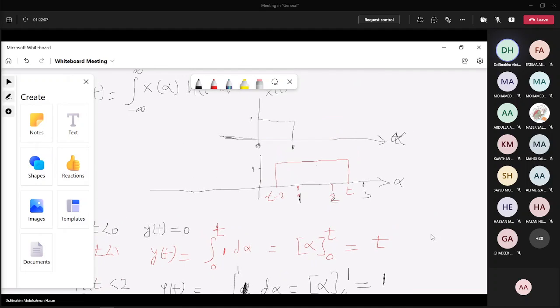If you move it forward, for example at 3, if this one is somewhere greater than 3, so this is t, then it will be until here. So this will be t minus 2.